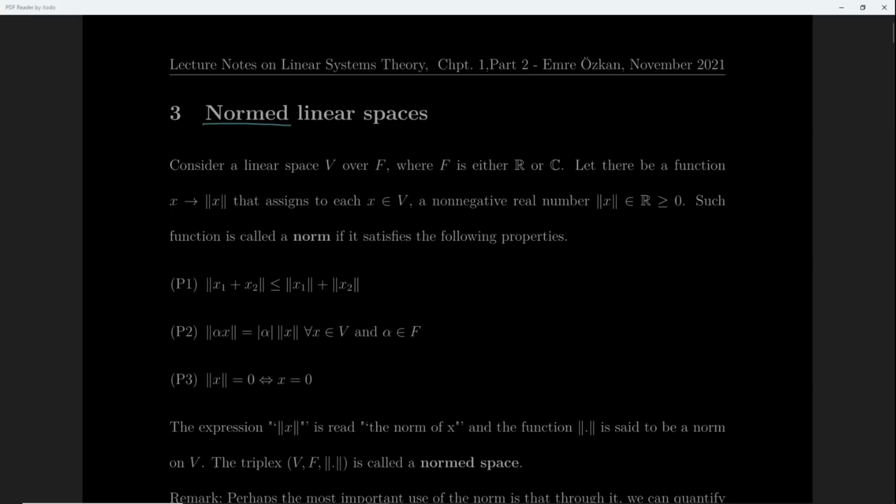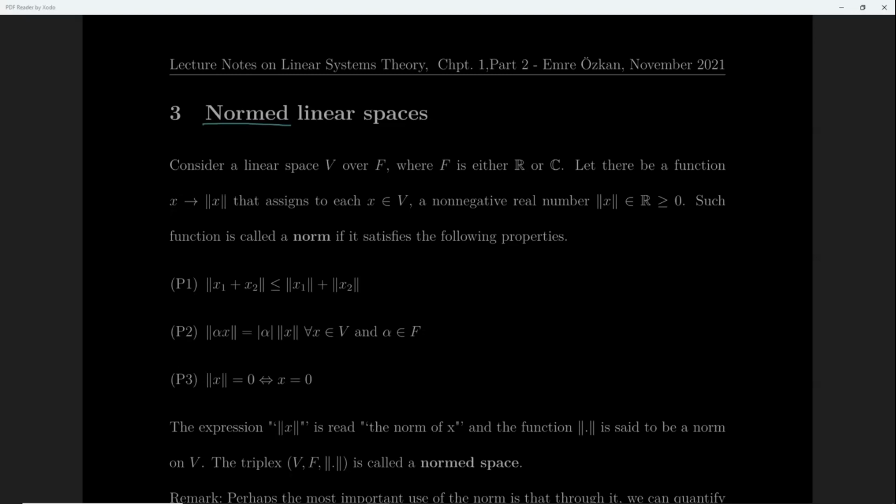The first property is also called the triangle inequality. If you take two vectors x1 and x2 in your vector space, the norm of their summation should be less than or equal to the summation of the individual norms. The second property is that if you take any vector and multiply it by a scalar in your field, the norm of the resulting vector is equal to the absolute value of that scalar times the norm of the original vector x.